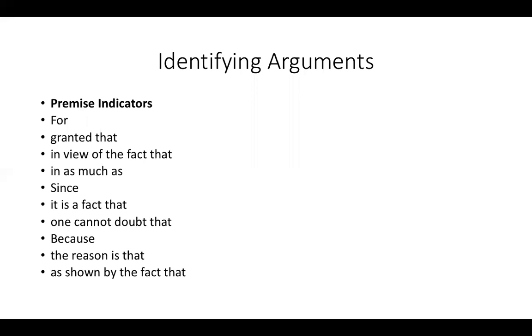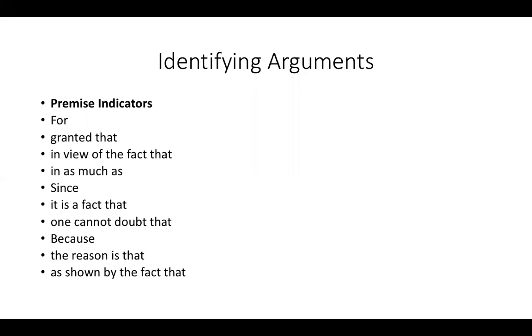There must be a conclusion in the passage. Where you see that, as shown by the fact that, it means that the sentence is, first of all, trying to support a conclusion, and it is trying to support it by providing facts.